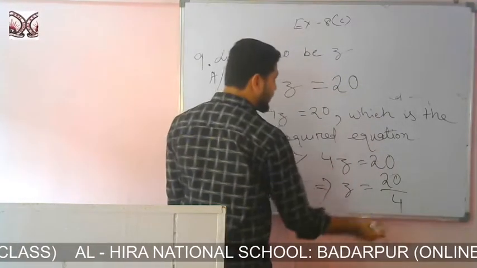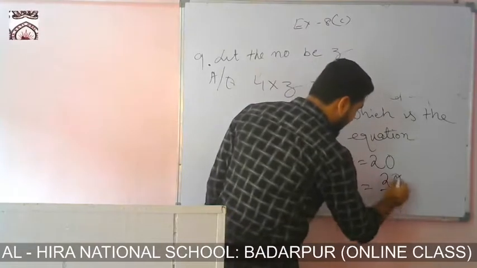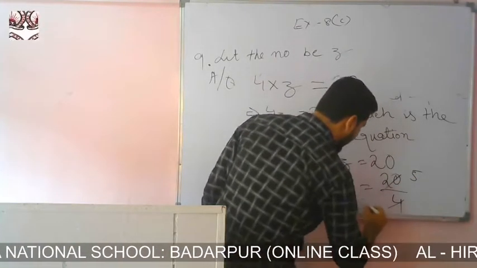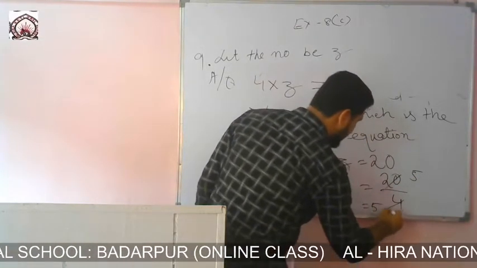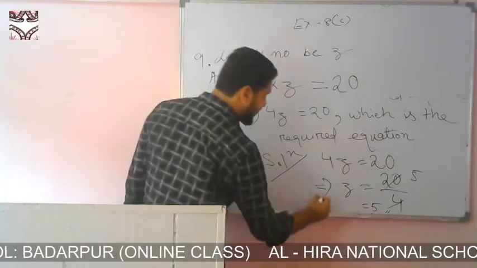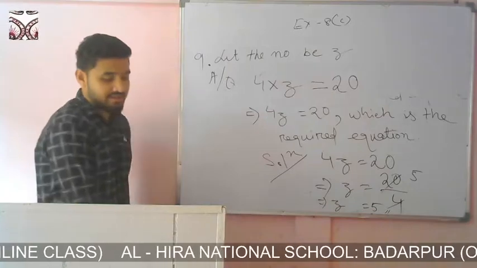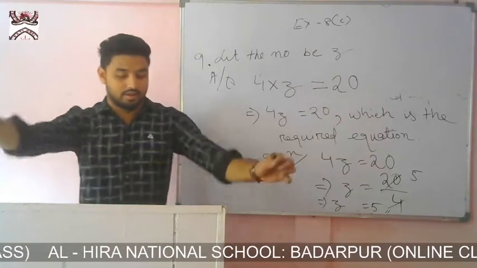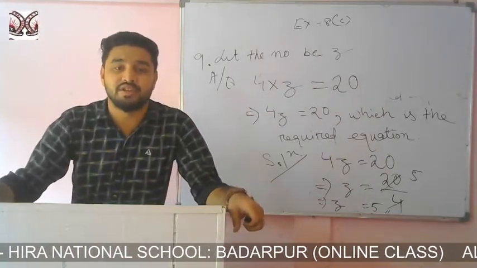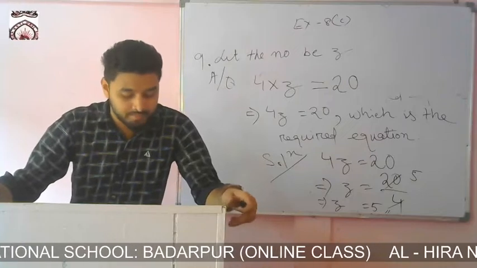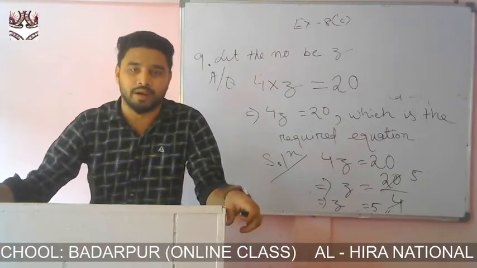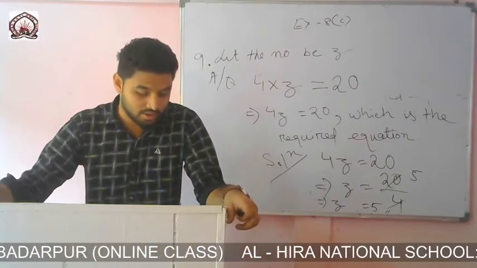So if I transpose to the right side, it will become division. 4 fives are 20, so z equals to 5. So that is the answer. These are very easy. You can practice at home and score good marks in the examination.